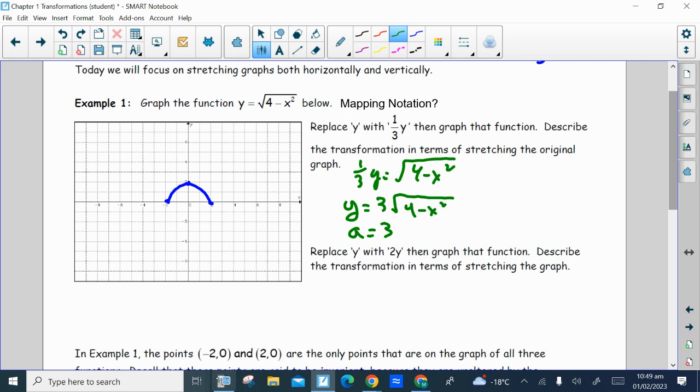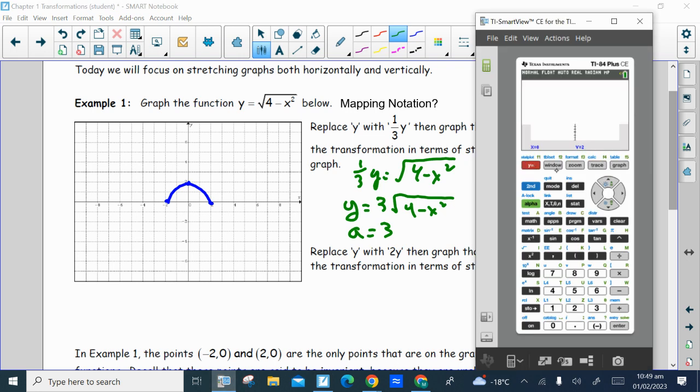So let's put this new equation in our calculator and see what it looks like. Keep the original one in there. And I'll put this new one into equation slot 2.